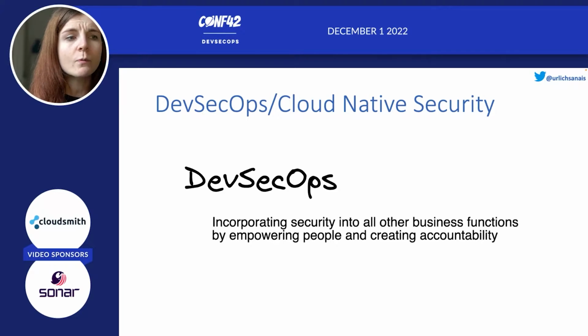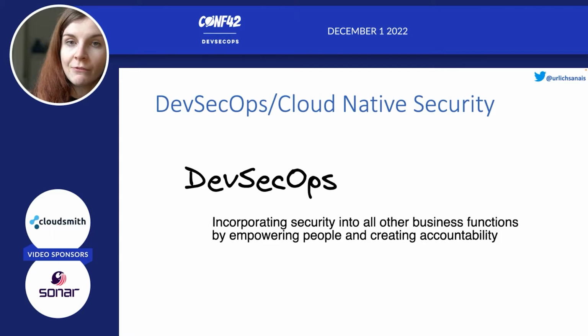So we want to incorporate security into every business function, whether that's administration or engineering, because ultimately, if everybody's empowered to take ownership of their part, of what they are working with, then you can cover all areas within the business. So it's really about empowering people to take that ownership, to know what they're supposed to do, how they can do it, how they can ask for help and similar.